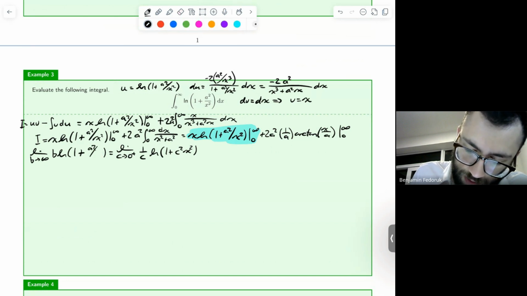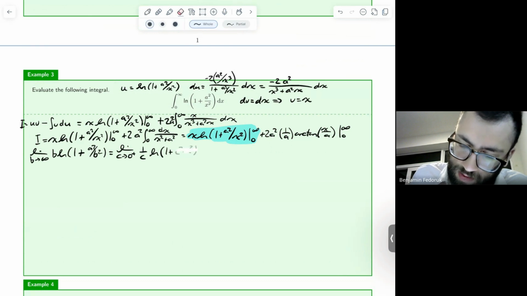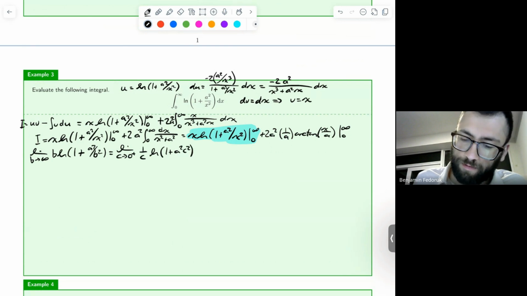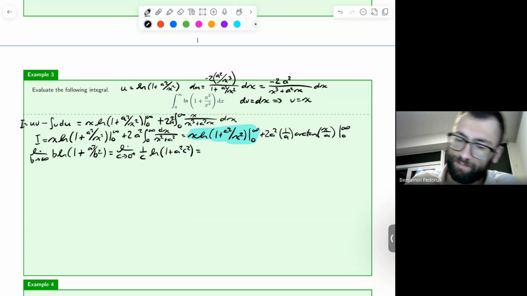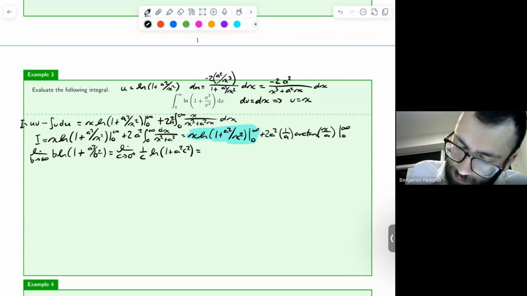This should be a squared over b squared. So then we get a squared c squared, like that. Perfect. Because we were substituting b in for x to do this bound. We can write this as ln of 1 plus a squared c squared over c.